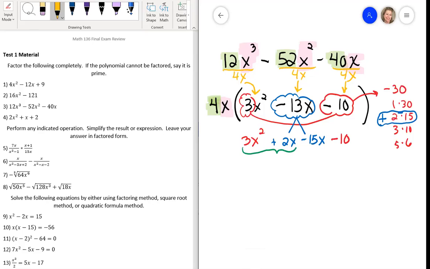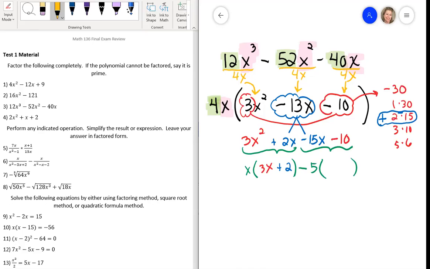I look at these first two. The greatest common factor between those is an x. When I factor that out, I am left with 3x and a plus 2. Oops, not a 2x, just a plus 2. Then I go back here and they're both negative, so I factor out a negative 5.